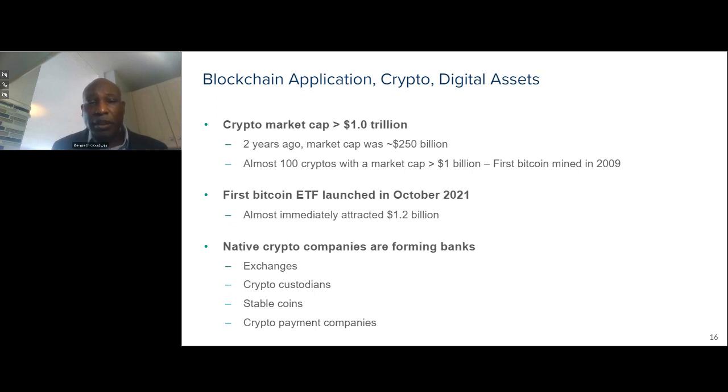The first Bitcoin ETF launched in October 2021. And there are some discussions now for other Bitcoin ETFs to be launched. Of course, BlackRock is talking about their Bitcoin ETF, I believe, as well as Fidelity. So you're starting to see more large players in this space. And the reason why that's the case, part of it is because these companies do have an infrastructure in place.